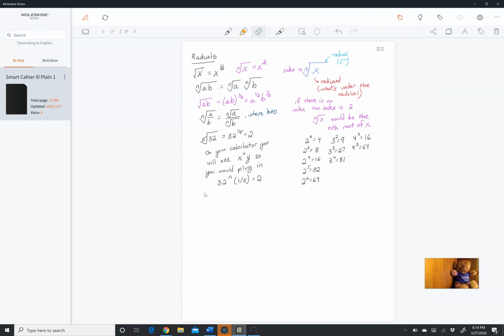So let's talk about how we would simplify radicals, not square roots, when our index is something other than 2.